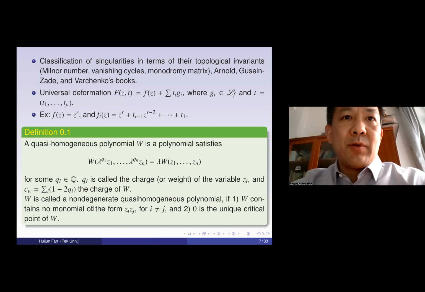Here I want to remind you that non-degenerate has a different meaning from the definition of a Morse function.